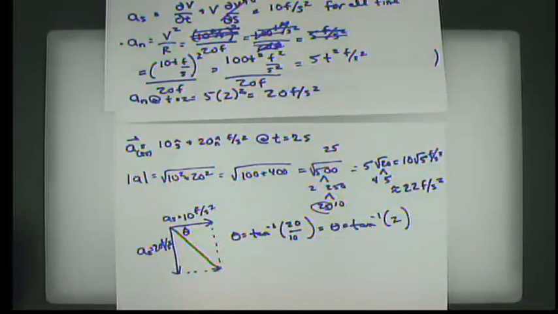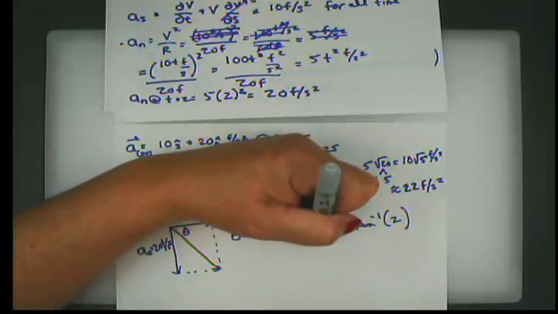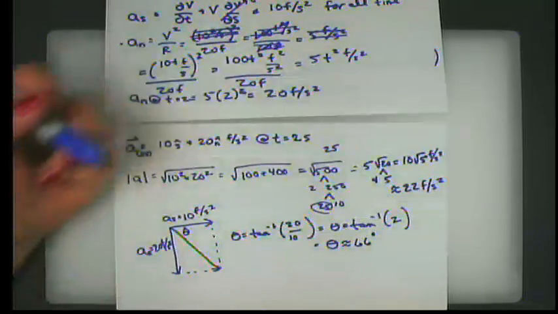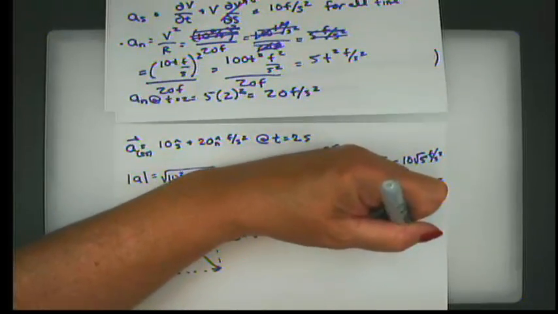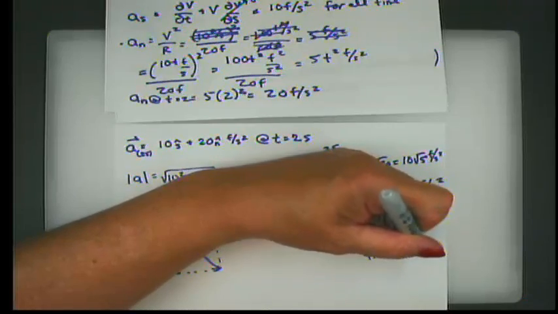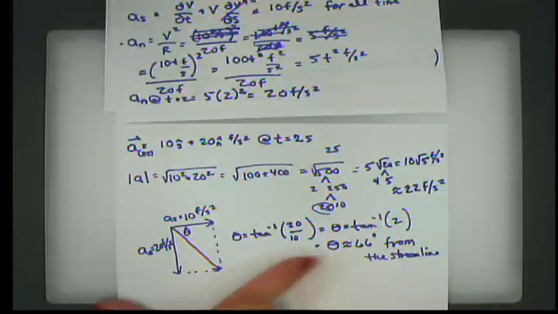And I don't have my calculator with me, but this is twice as long, and theta is going to be approximately equal to 66 degrees when referenced from the streamline. Right. And like I said, when you have your calculator, you'll get an exact number for that. That's just a ballpark.